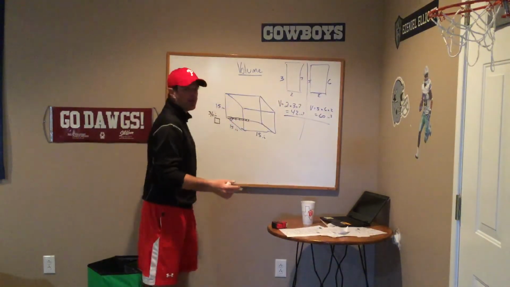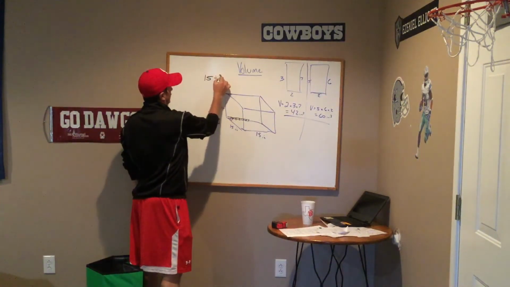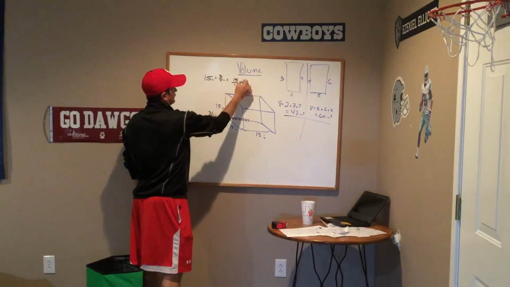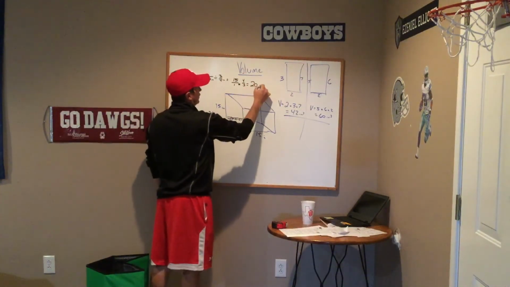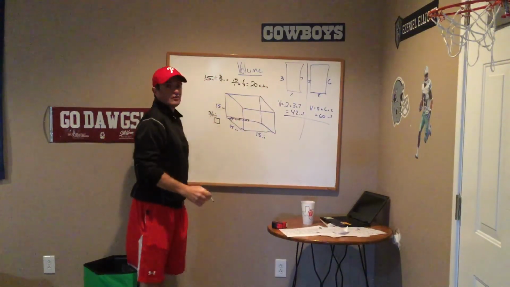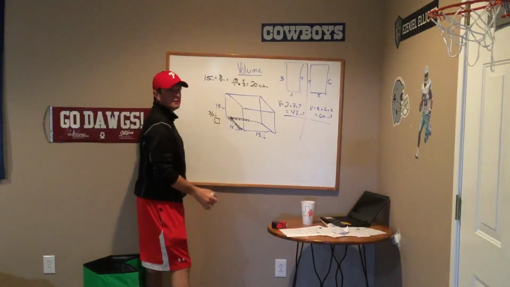Anybody? Okay. Well, you would take 15 divided by 3/4, because it's 15 inches and 3/4 of an inch, which would be 15 times 4 over 3. And we know that would be 20 cubes. 20 cubes would go across here.